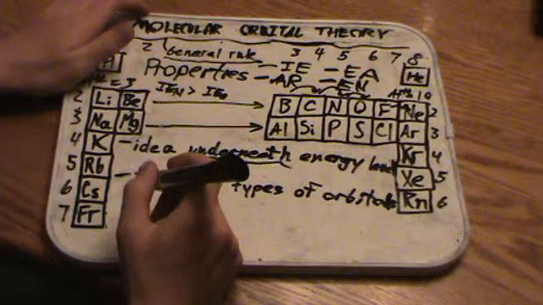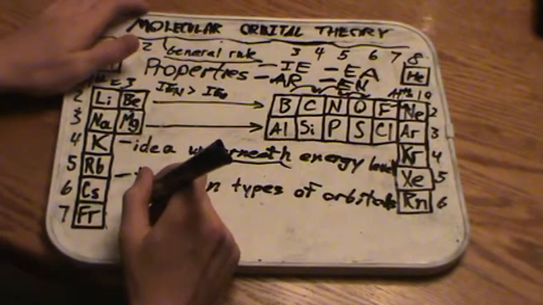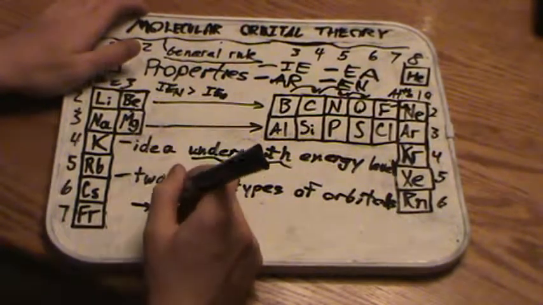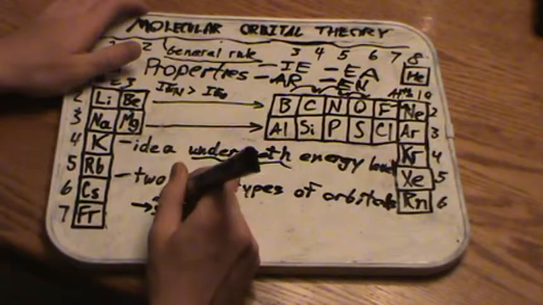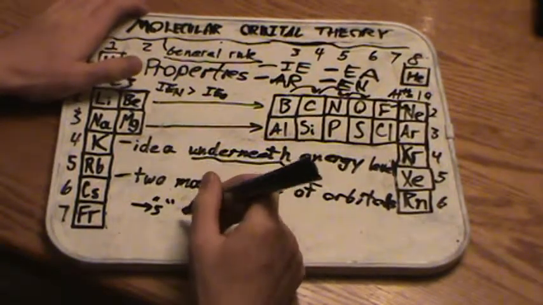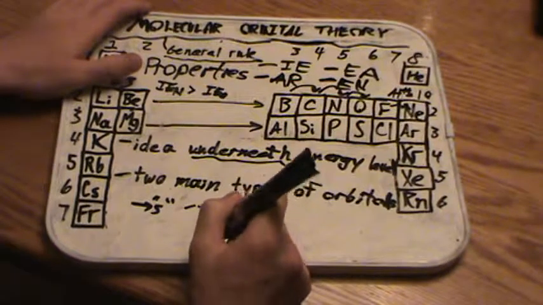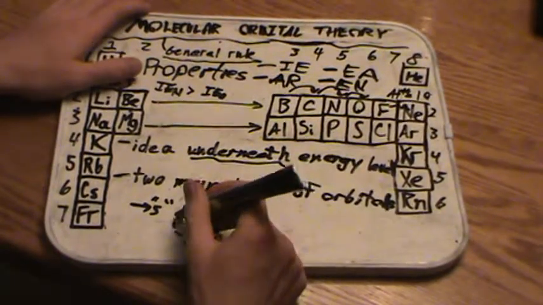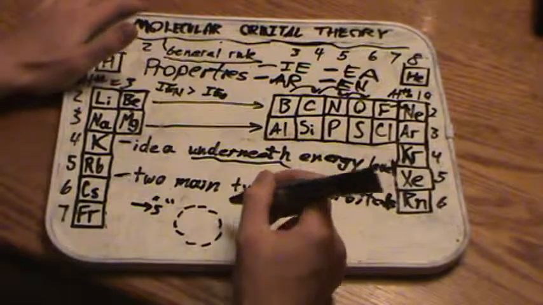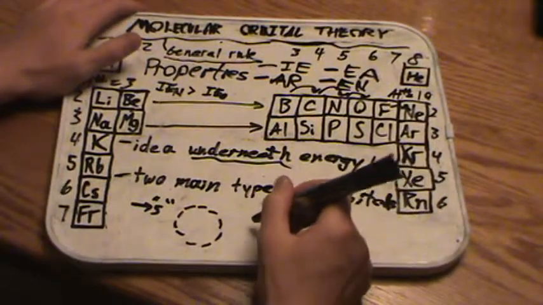Okay, so one of them, as we've denoted it, is the S orbital, and it has the circular shape. And so, we haven't been wrong so far.